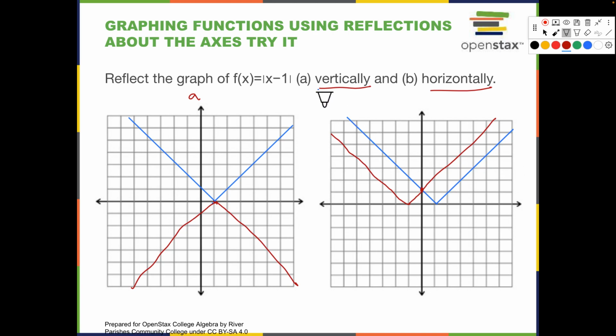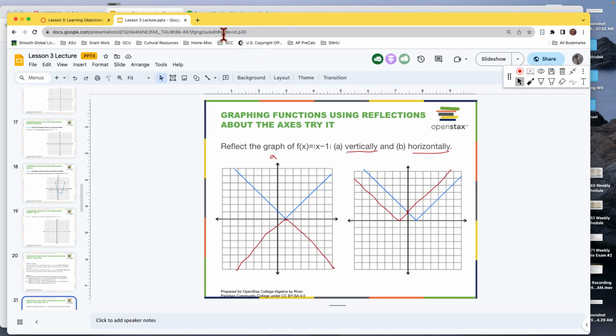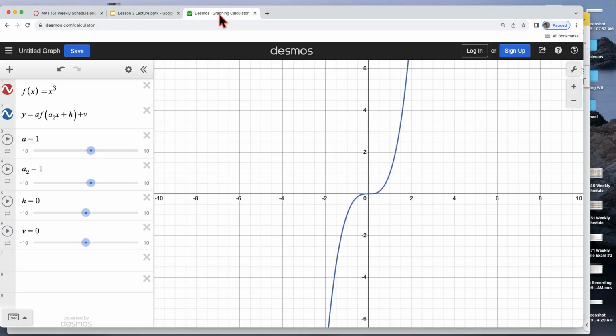You can put this in as the absolute value of x minus 1. In fact, we're doing okay on time, so let's give that a try. Let's keep these, and let's go decimals.